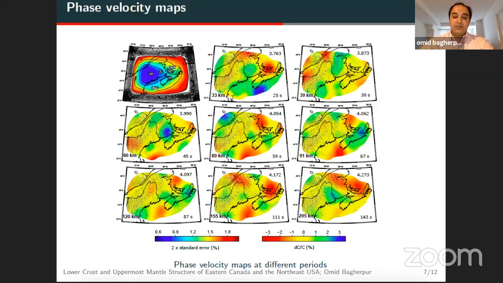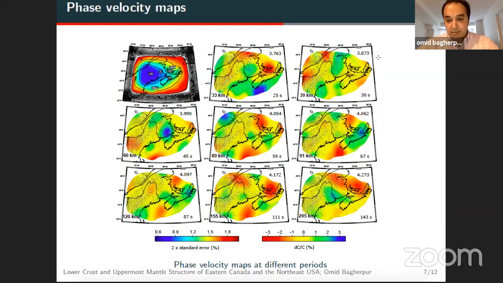So each phase velocity map shows integrated information about velocity structure for a depth range, but has a maximum sensitivity to a particular depth. You can see the maximum sensitivity of each map that I marked at the bottom of each map.